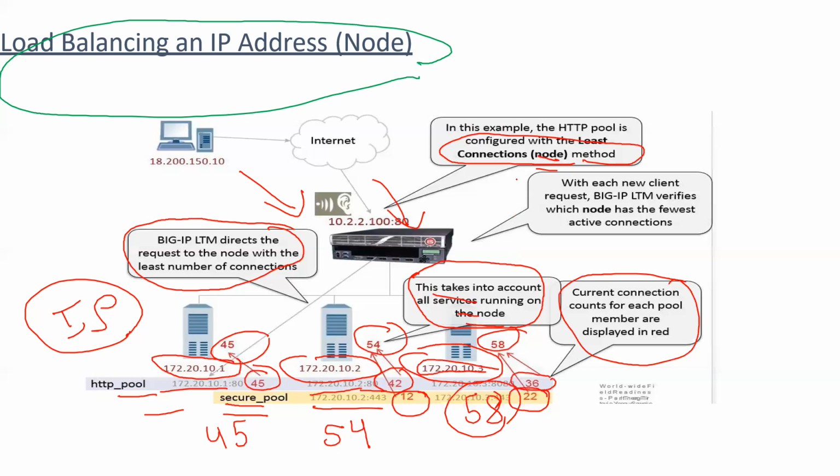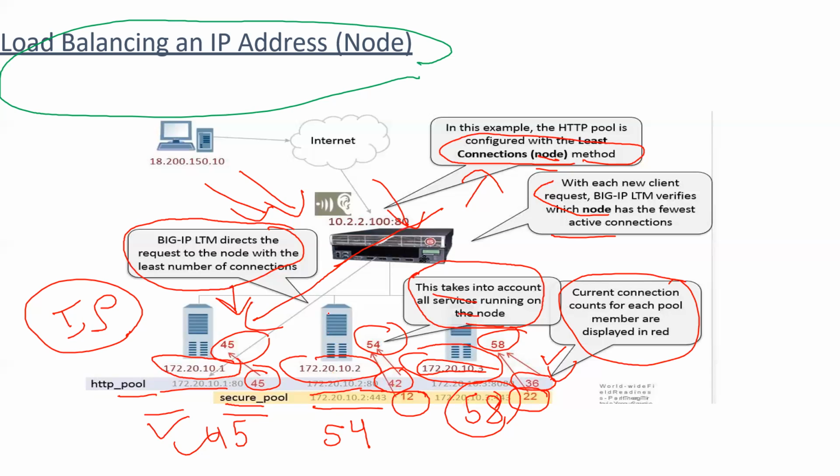If you are using the least connection node method, it will send your request to the fewest active connections. So your answer is it will send to 45, as shown in the picture. The client will come, F5 will see what the load balancing algorithm is, see that I have the least connection node method, and then send to this one. Here is the difference. If it had been selected as pool member, the answer would have been 36, which is 172.20.10.3.